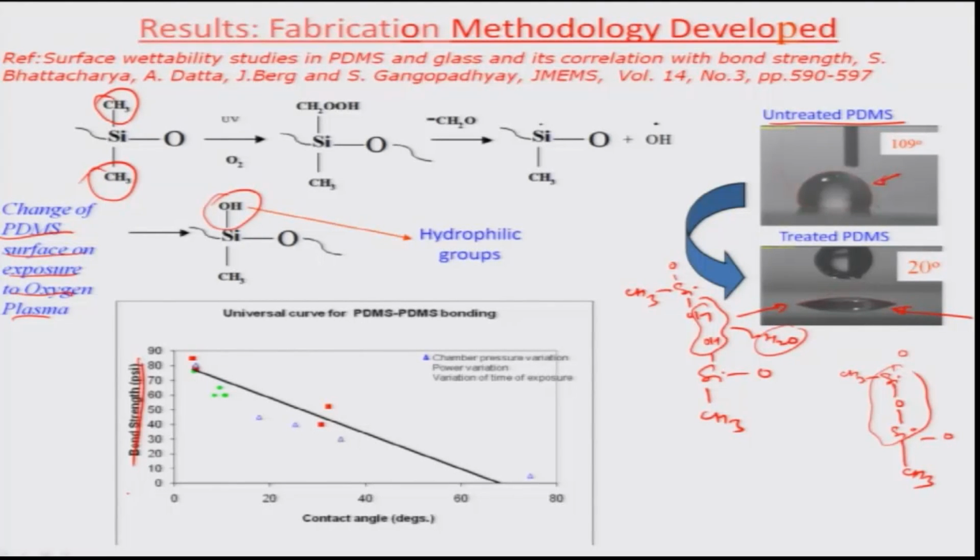I am just going to refer to this a little bit later, but the idea here is that we found out that with the contact angle after the plasma exposure on a surface, there is a changeover of the bond strength as well, and it can be correlated to the density of the SiOH or the silicon hydroxide groups on the surface as a function of different parameters of the plasma, which would eventually result in a variable bond strength. And what we see is that if the contact angle is below a certain value, the bond strength is going to be maximum in this particular illustration.